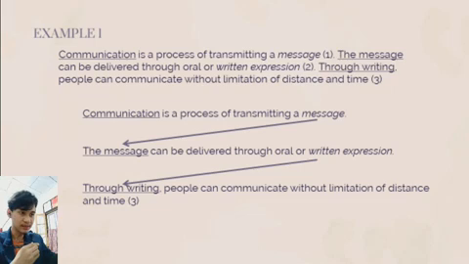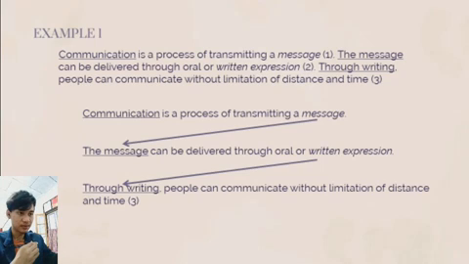So, see, communication is the theme, and what goes after that is the rheme. Meanwhile, in the second clause, the second sentence, the message can be delivered through oral or written expression. So the message was the rheme of the previous clause.